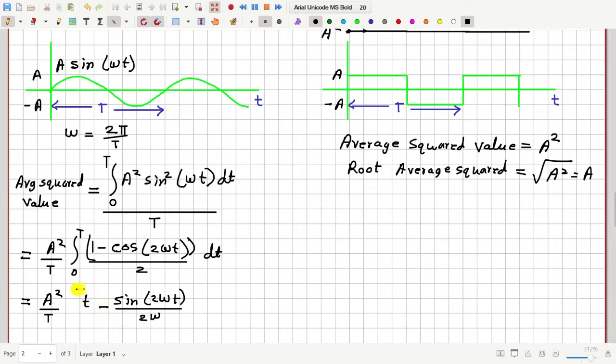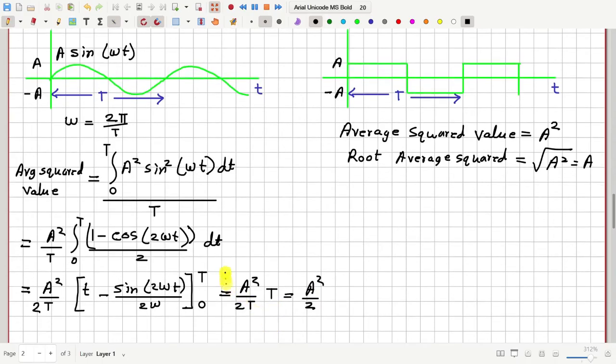The limits of integration are 0 and capital T, and I have a half here, which I write outside. If you put these two limits, this second term will give you 0, and this will be equal to A squared by 2T into capital T from here. So this will be equal to A squared by 2.